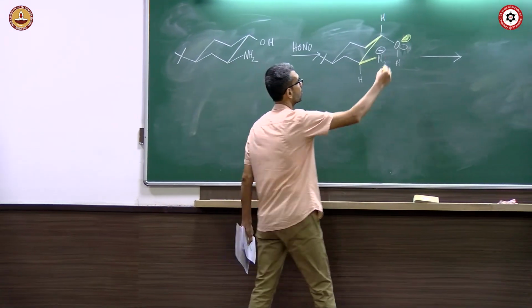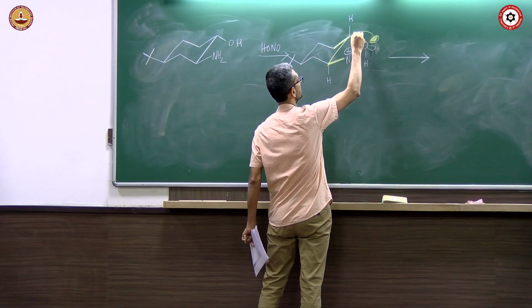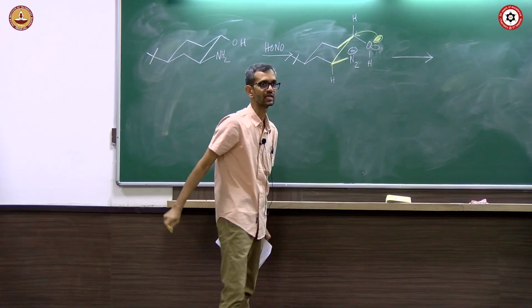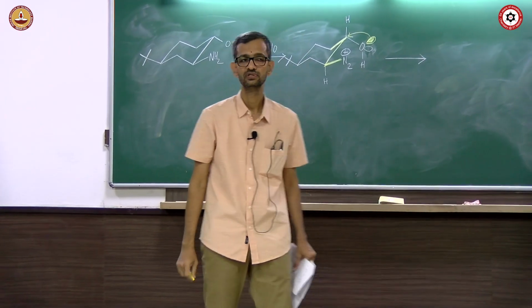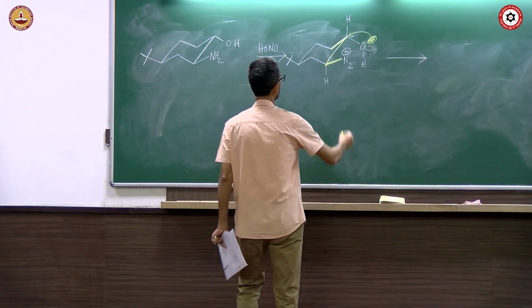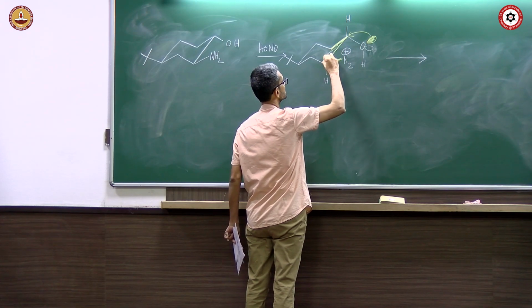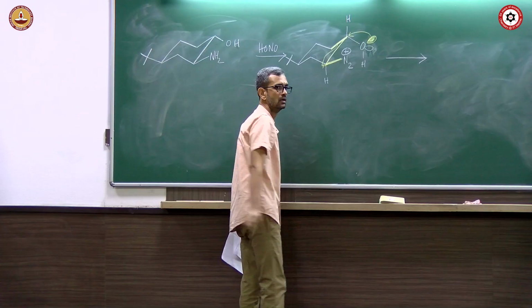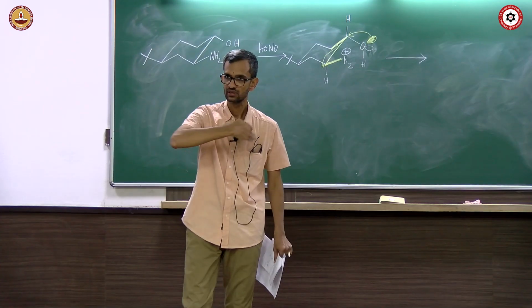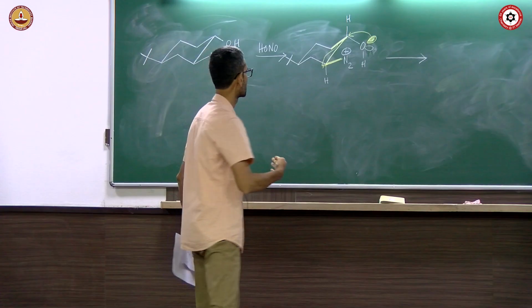Now this lone pair is going to pump in the electron density to the sigma star of C-C, and then this C-C bond migrates to the adjacent carbon carrying the leaving group, right?